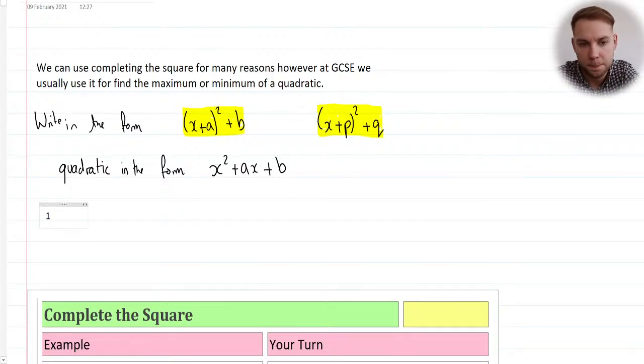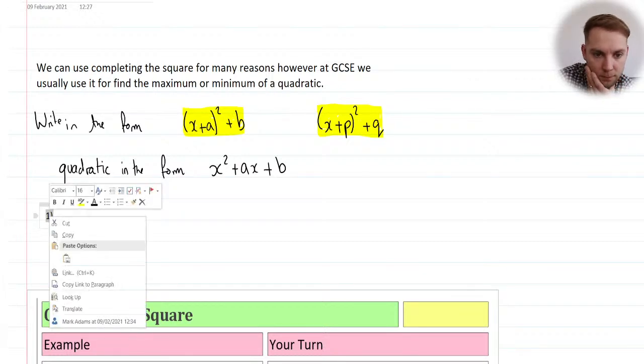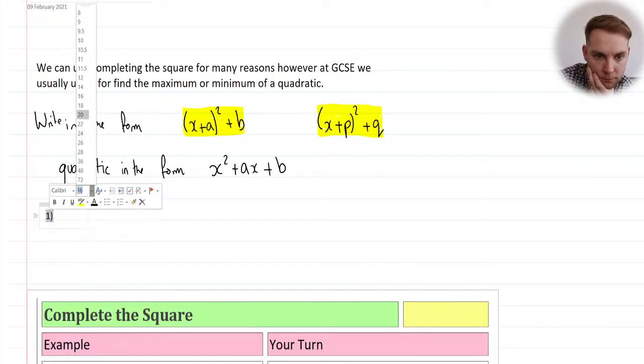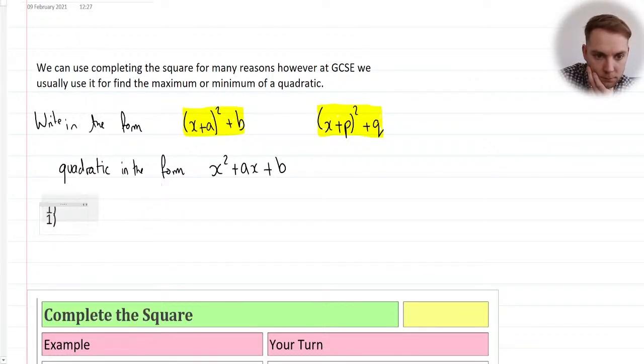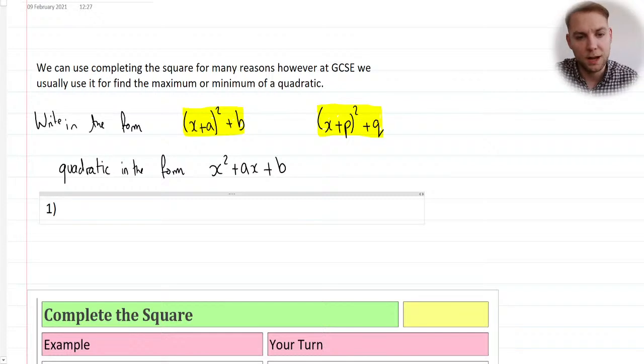So step 1. I'm going to talk through the steps, and then I'm going to do an example, and you'll be able to see the way it works and how we use this.